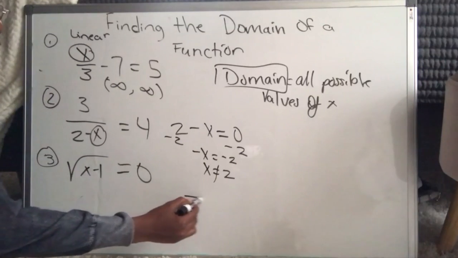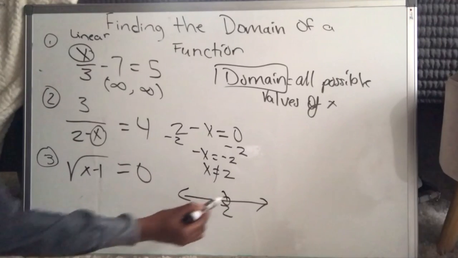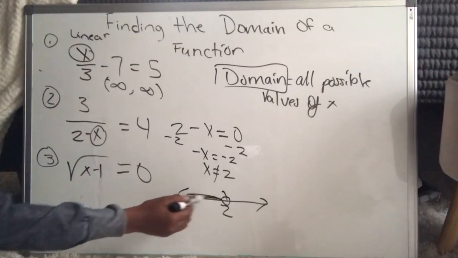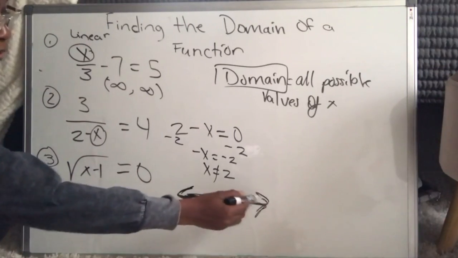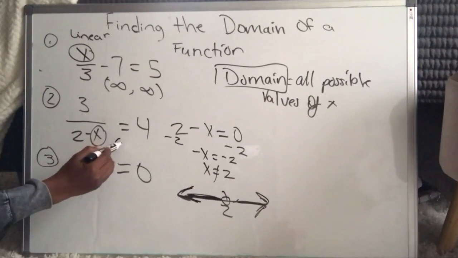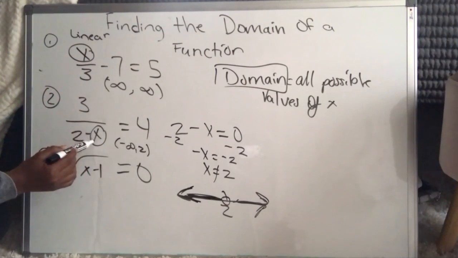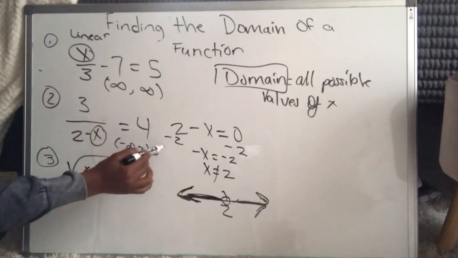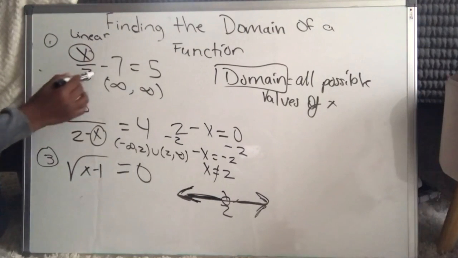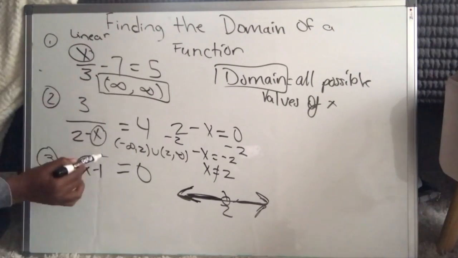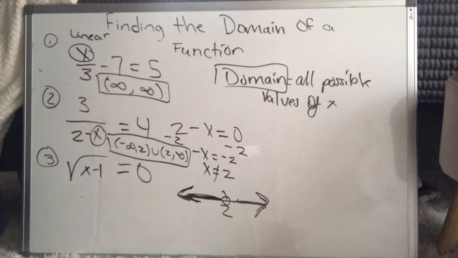And therefore, when I'm doing my number line, we're going to do an open circle, and we can shade both sides. So my interval notation will be negative infinity to 2. We do not want to include 2 because 2 will make that 0, with the union of 2 to infinity. All right, so this is my interval notation for that domain.